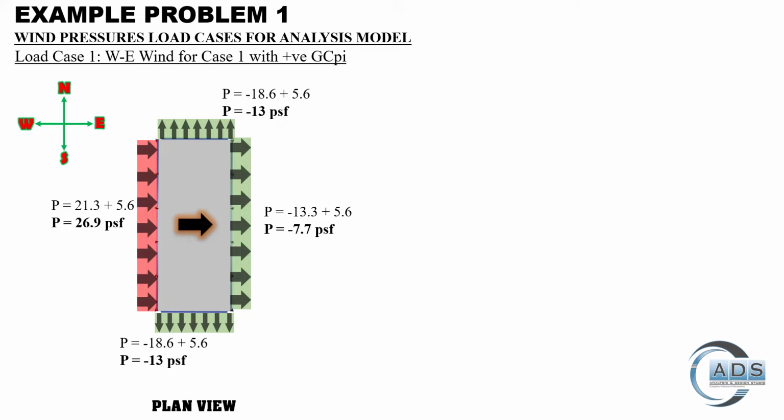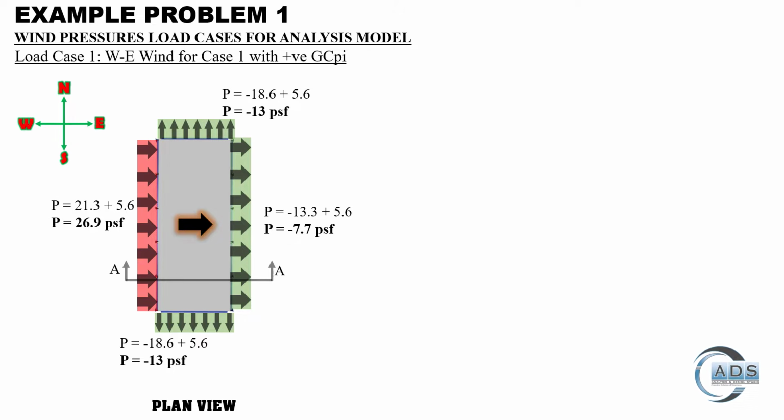We found the pressures in parts, meaning external and internal wind pressure separately. Previously we wrote, for example, 21.3 plus or minus 5.6. Now we are looking at case 1 having positive GCpi, so we are taking the positive part of the internal pressure. We can see that all these pressures have the positive value of internal pressure.